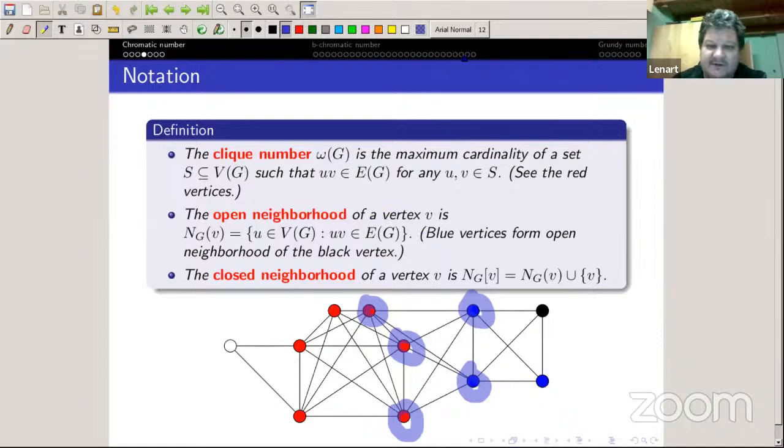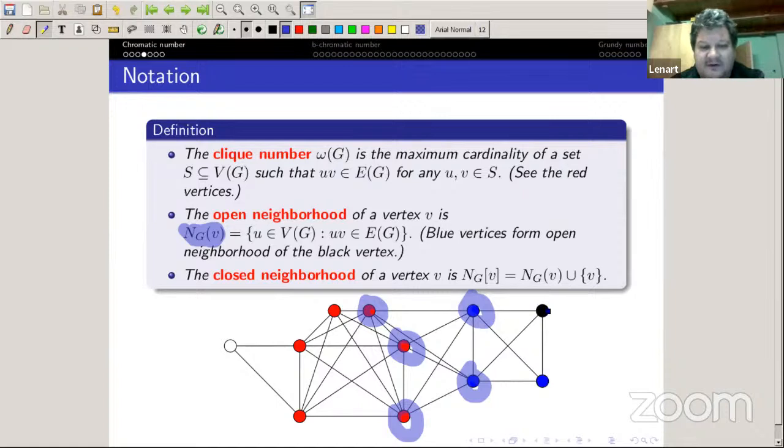What are the blue vertices on this figure? Blue vertices on this figure represent the open neighborhood of vertex V. This is this set, and V is the black vertex on this figure.